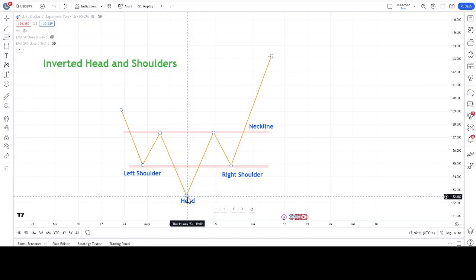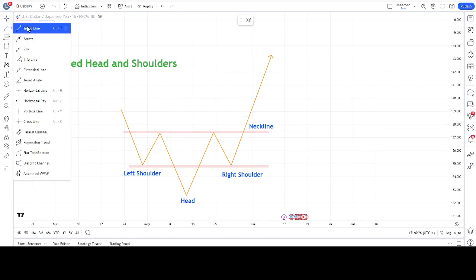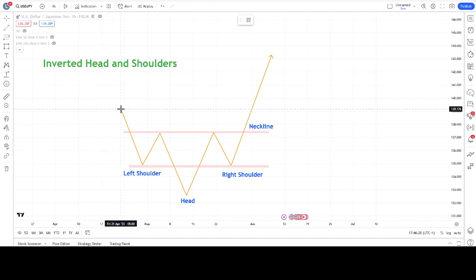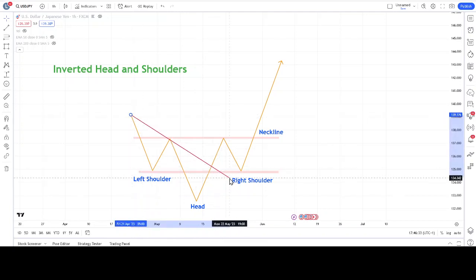Now this time watch carefully, instead of making a higher low here, it is actually going and challenging the neckline. So if you draw a trend line technically, let me just draw a trend line here and show you. As you can see, the downtrend is broken.